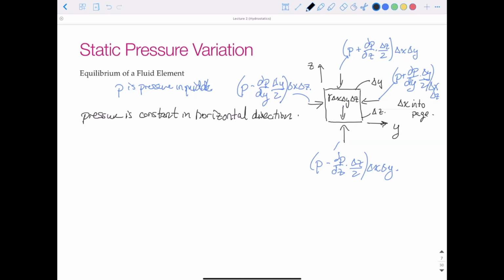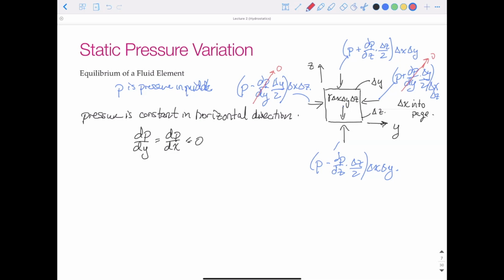So this just means that our pressure change with respect to y, dp dy, and if we wrote this in the x direction too, dp dx, are both equal to 0. So basically we can write these terms here, dp dy goes to 0, and this term here goes to 0.